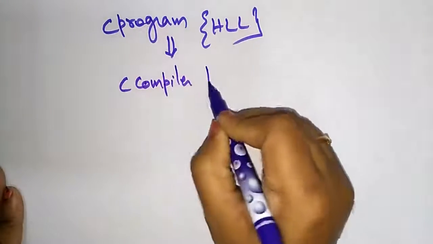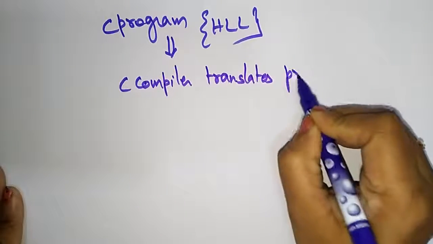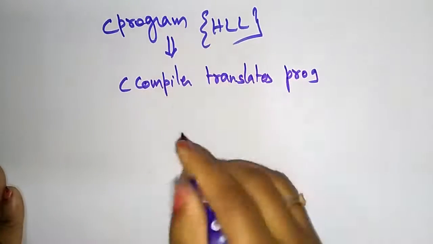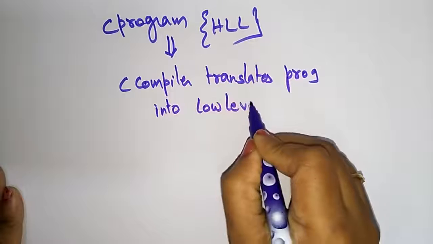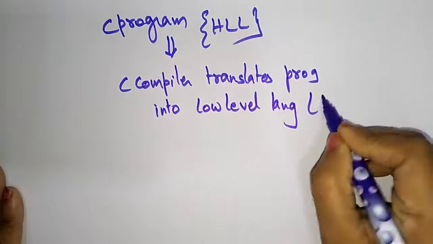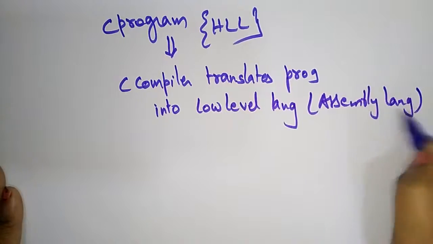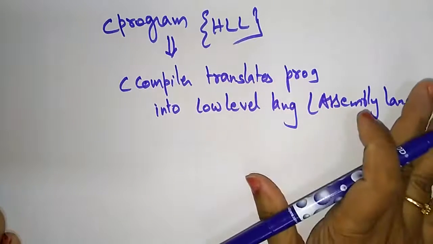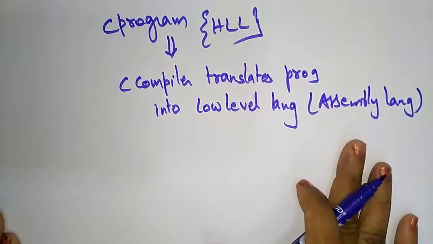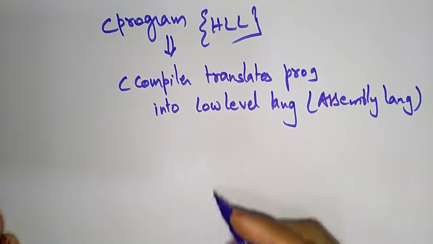The C compiler translates the program written in the high level language into low level language, that is assembly language. That is not over, because the system can't understand even the low level language. It has to be converted into machine level language.